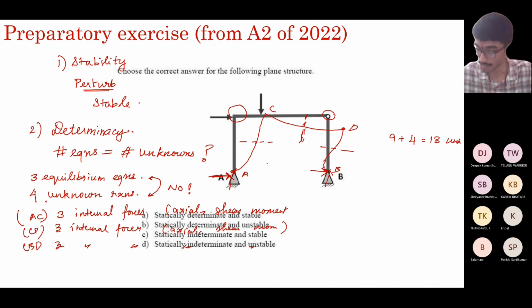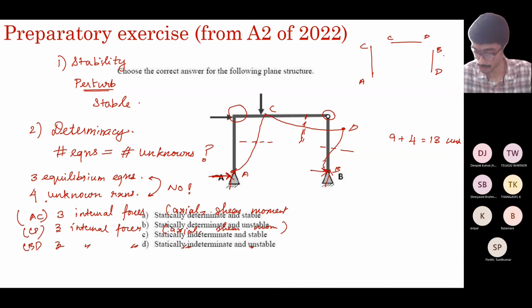And how many equations do you have? Each of these members, AC, CD, and BD, has to be in equilibrium individually. So you have 3 into 3, 9 plus 3 equations. In addition, you have this as a hinged one.